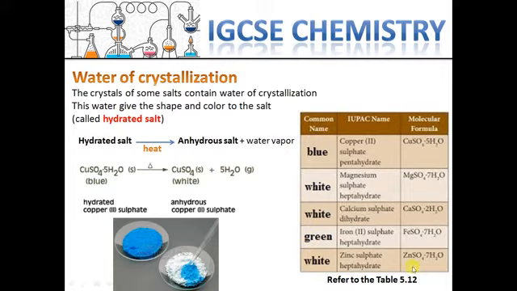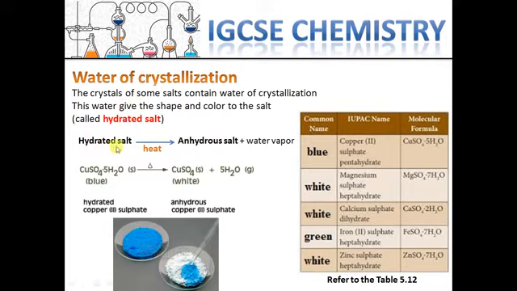And for more types of salt which contain water, you can refer to table 5.12. And one important thing, for those types of salt which contain water, we call hydrated salt.